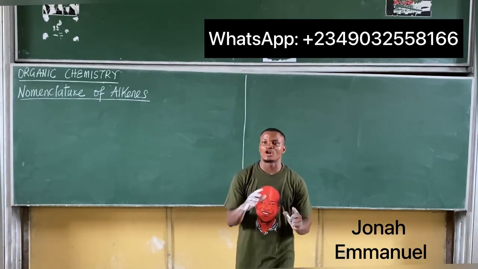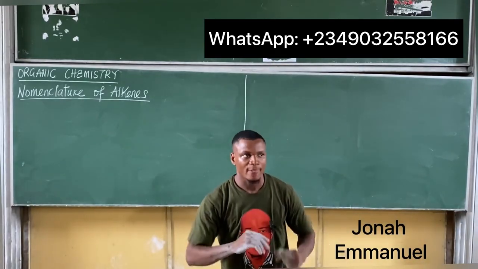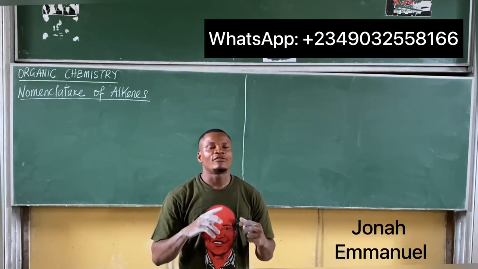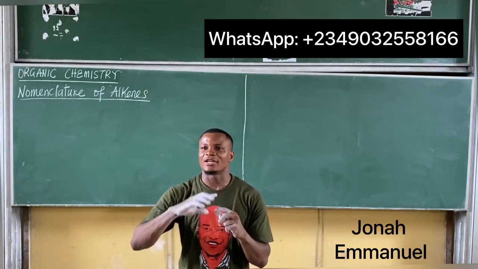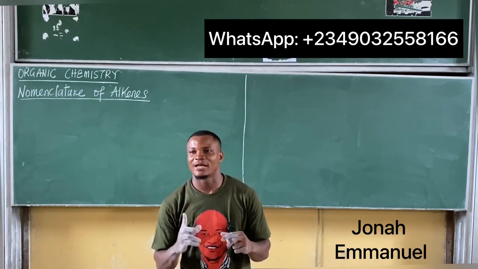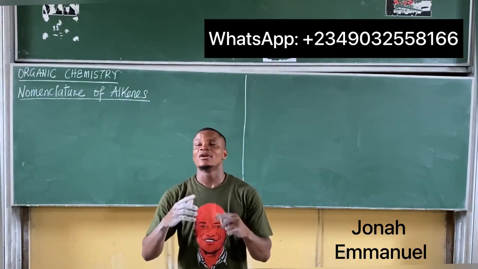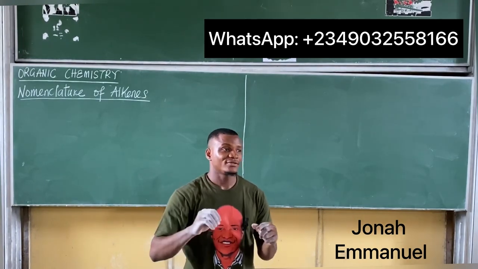Please, the rule when it comes to alkenes changes. When we did naming of compounds, it was always alkanes. There's a reason why we did that. When it comes to alkenes, the rule remains the same. It is the priority that changes.